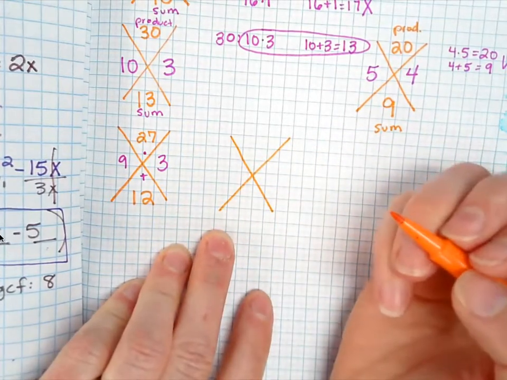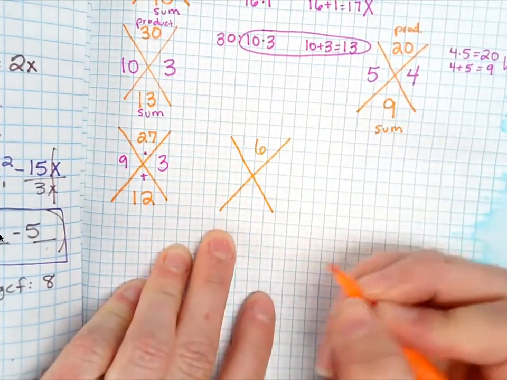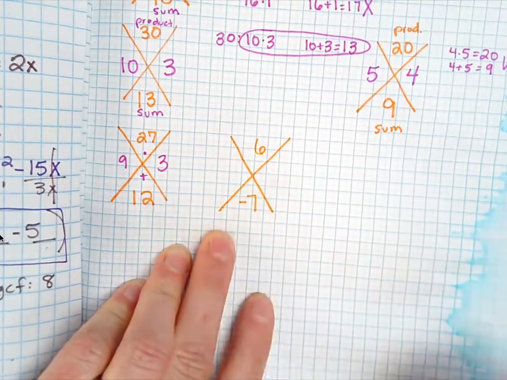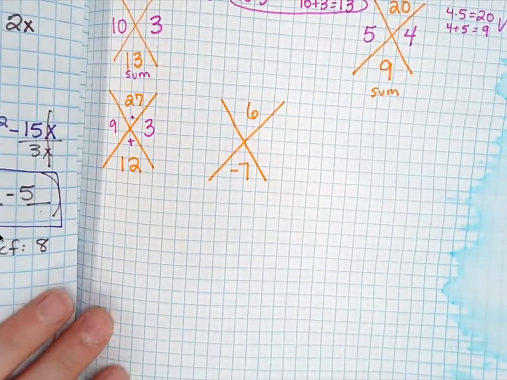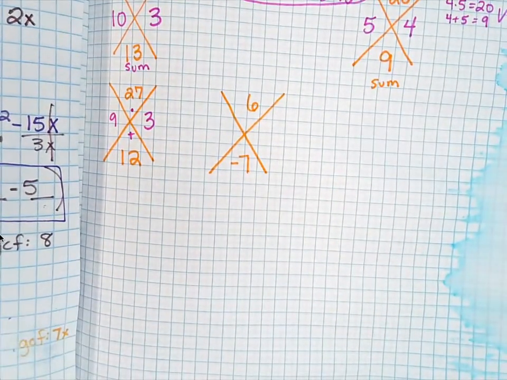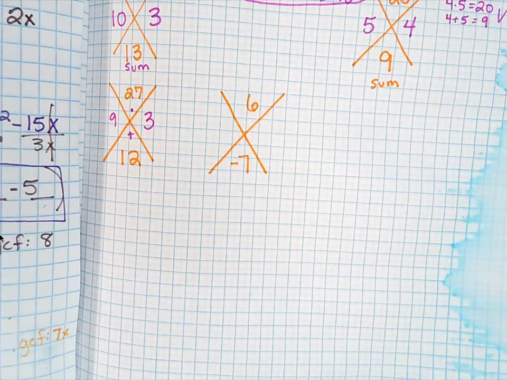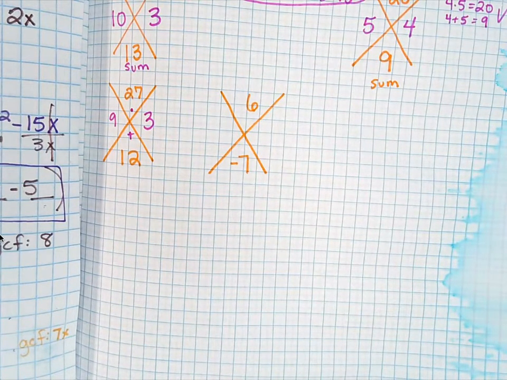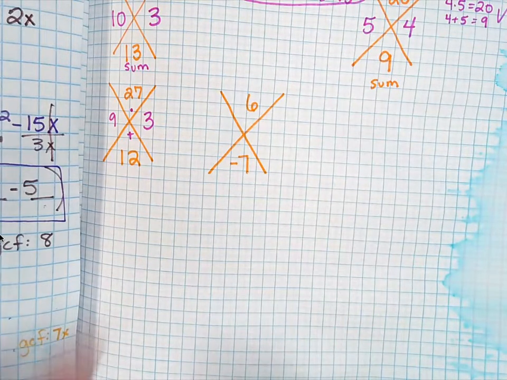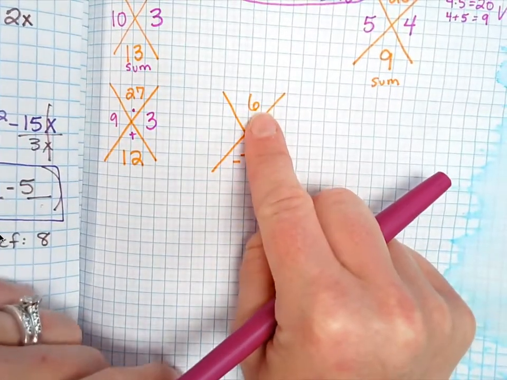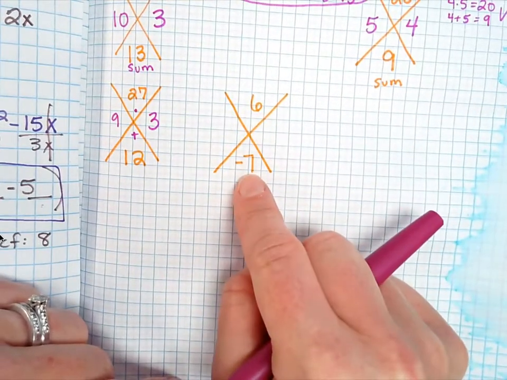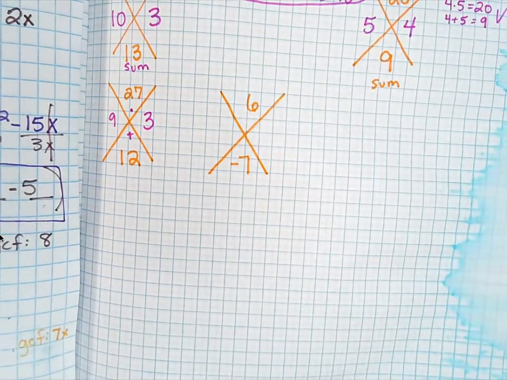All right, so let's do a product of 6 and a sum of negative 7. So how can you get a positive product but a negative sum? How do you get a positive product?